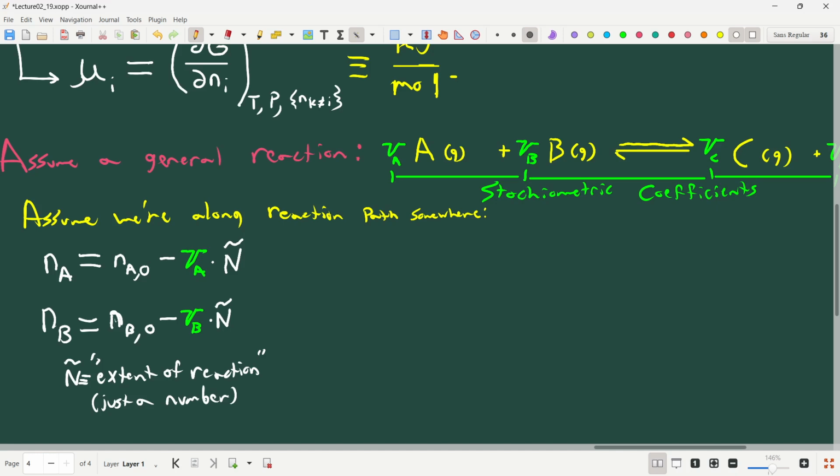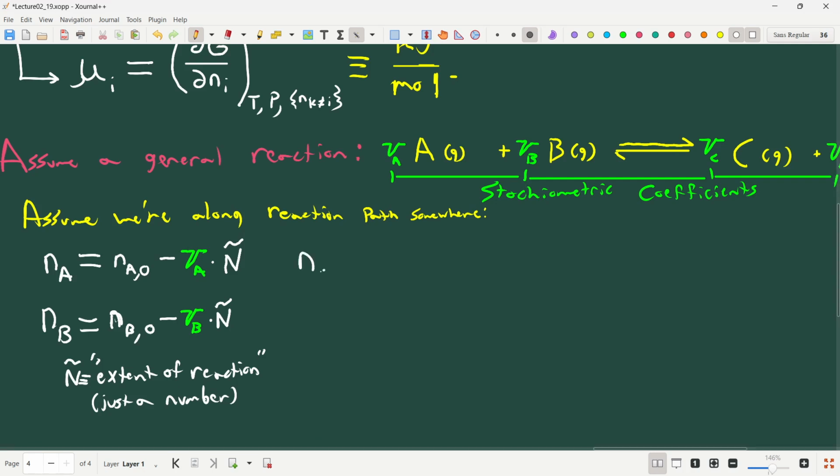And every time it clicks, we lose nu A mole equivalents of A, nu B mole equivalents of B, and of course gain that in C and D. So I can go ahead and write N_C is N_C,0 plus the stoichiometric coefficient nu C times n tilde, and N_D is N_D,0 plus the stoichiometric coefficient nu D times n tilde.